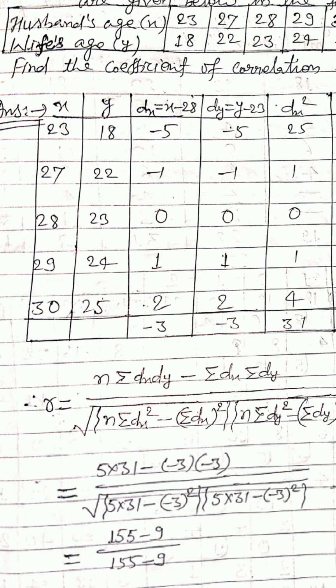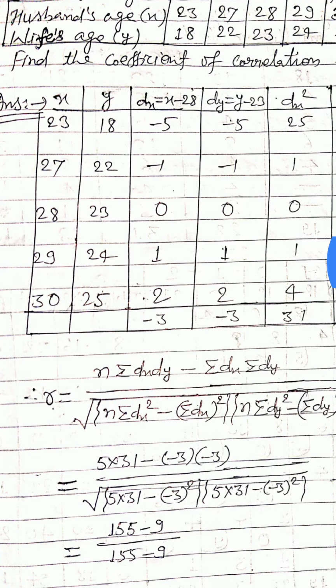So 23 minus 28 is minus 5, 27 minus 28 is minus 1, 28 minus 28 is 0, 29 minus 28 is 1, and 30 minus 28 is 2. We divide here by just 1.